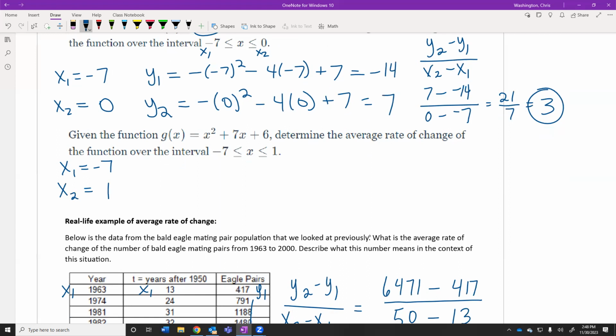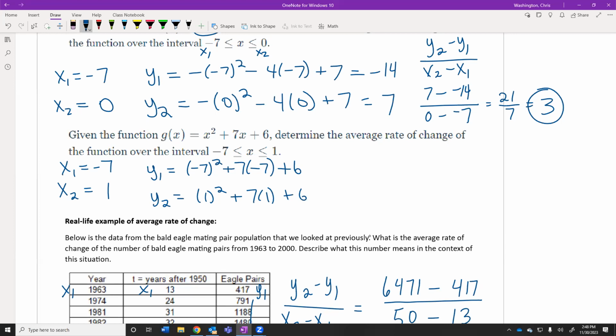We have to be able to find the y values. So we just plug those in. So y1 is going to be equal to -7 squared plus 7 times -7 plus 6. And y2 is going to equal 1 squared plus 7 times 1 plus 6.